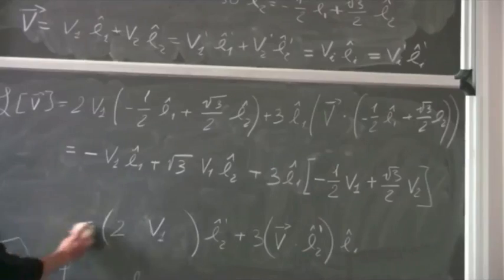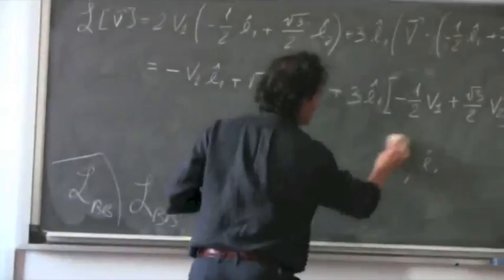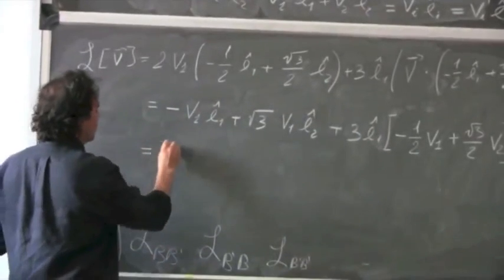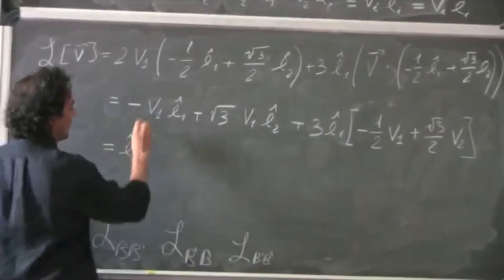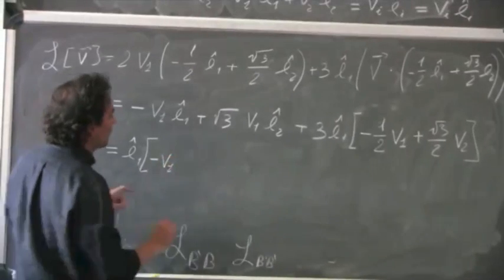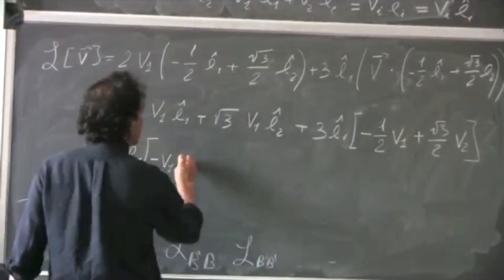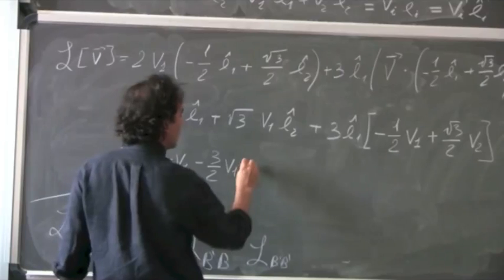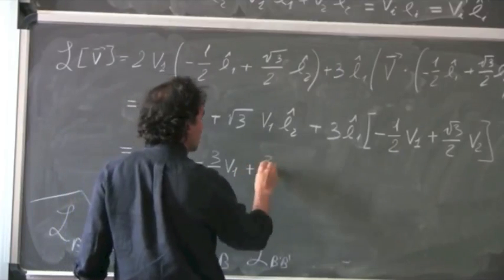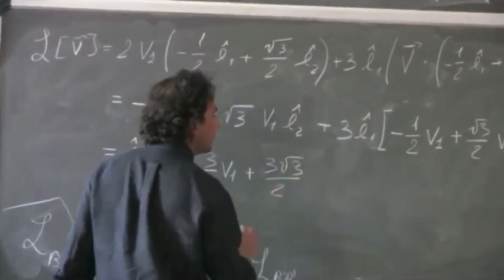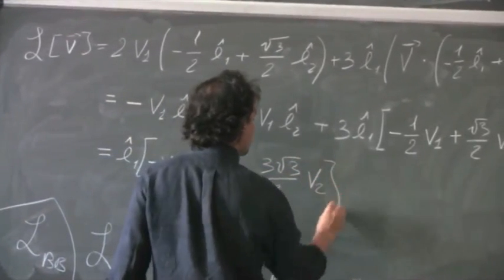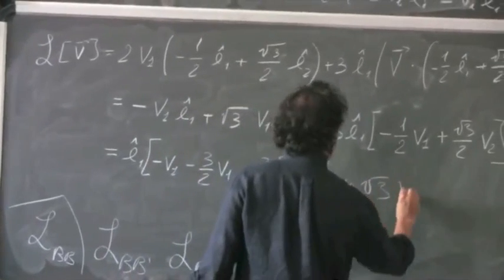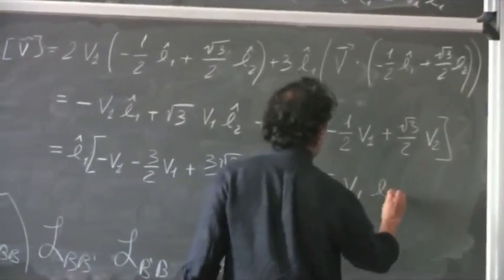This is equal to E1 multiplied what? Minus V1, then minus 3 over 2 V1 plus 3 square root of 3 over 2 V2 plus square root of 3 V1 E2.